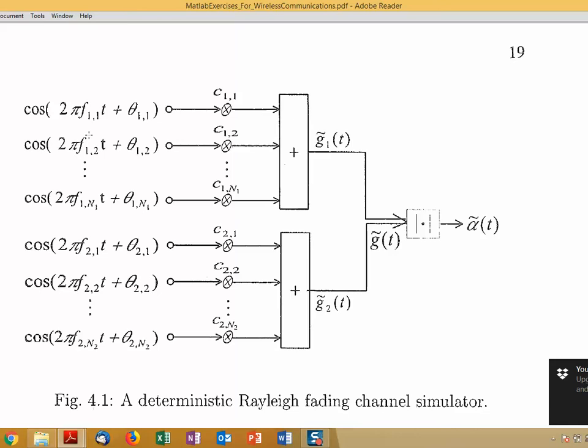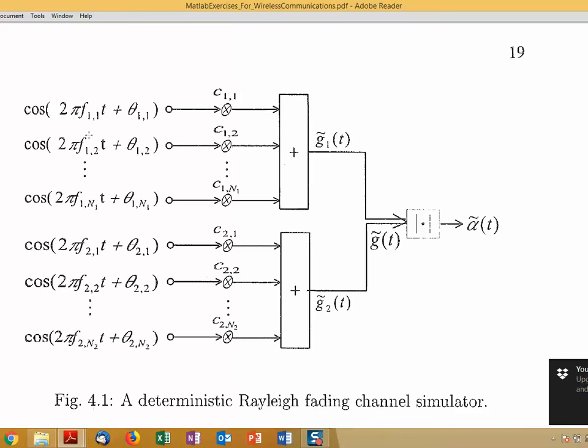First, you need to compute the real part, and then you compute the imaginary part, and then you take the amplitude of the complex value, and this will result in the amplitude of the channel. And in this simulator, you also need to calculate some parameters.